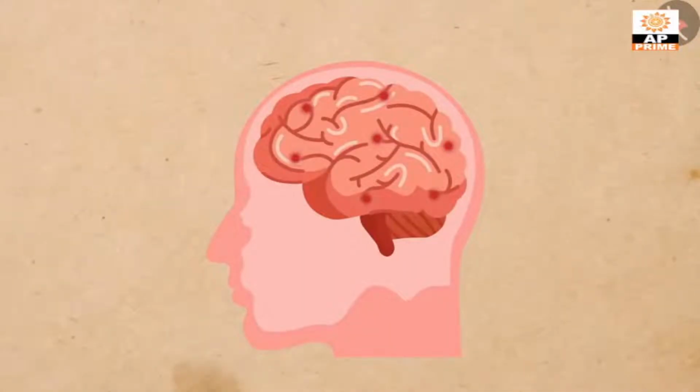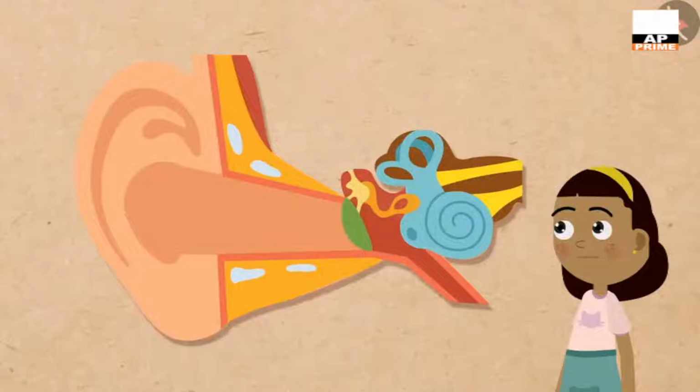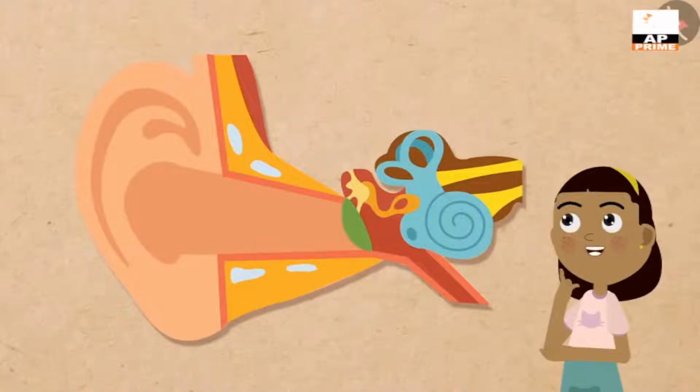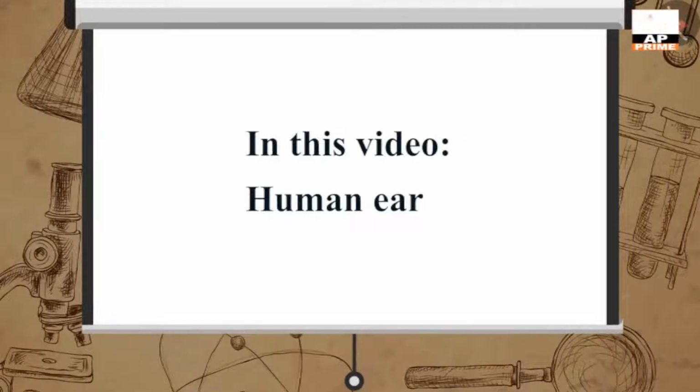These electrical signals are sent to the brain through the auditory nerve, and the brain interprets them as sound. And this is how human beings are able to perceive the sound around them. In this video, we learned about the human ear.